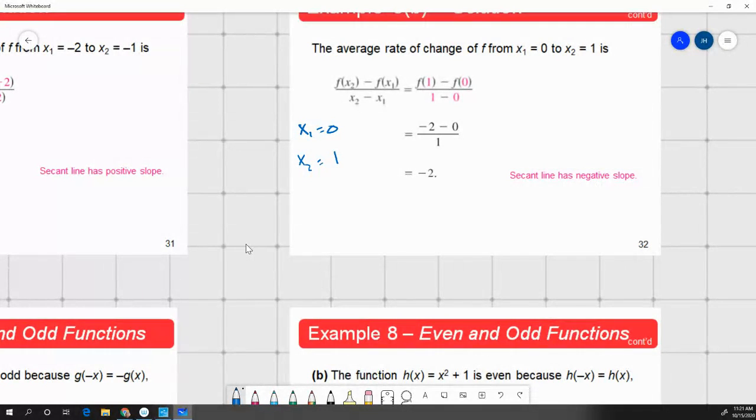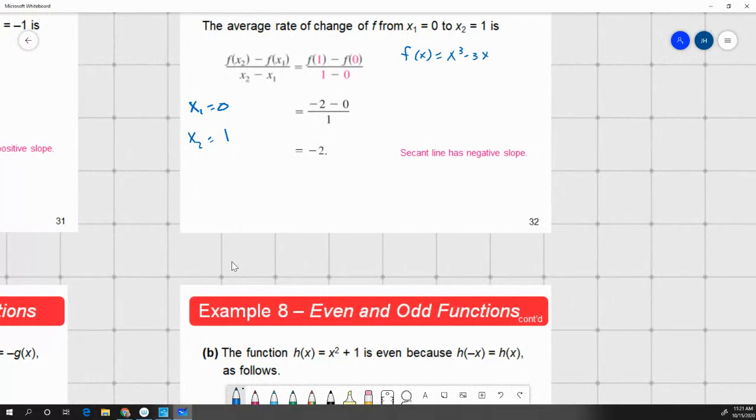But our f of x is still the same equation, right? Our f of x is still x cubed minus 3x. So we're going to have to go in and figure all that out, right? So I know x1 is 0, but I don't know what y1 is yet, right? I know that x2 is 1, but I don't know what y2 is yet, right? So this is x2, this is y2. So I just have to plug these numbers in and figure it out.